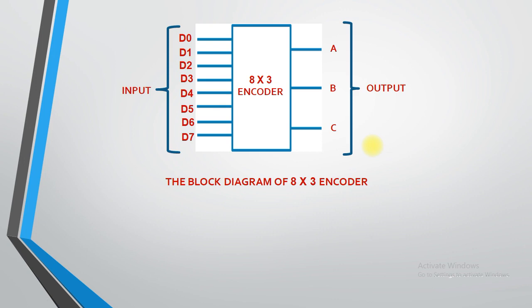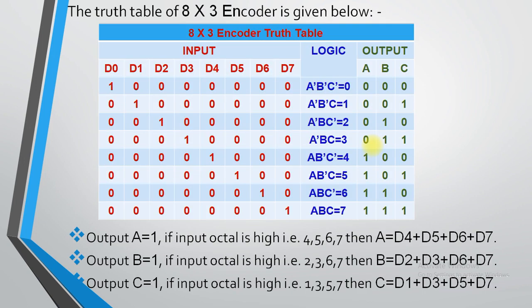Let me share the screen of the truth table of the encoder. Over here, this is the 8 by 3 encoder truth table. In that, you need to write the input variables D0 to D7. Like the decoder, you need to activate each variable one at a time. So for the first case, D0 is activated.